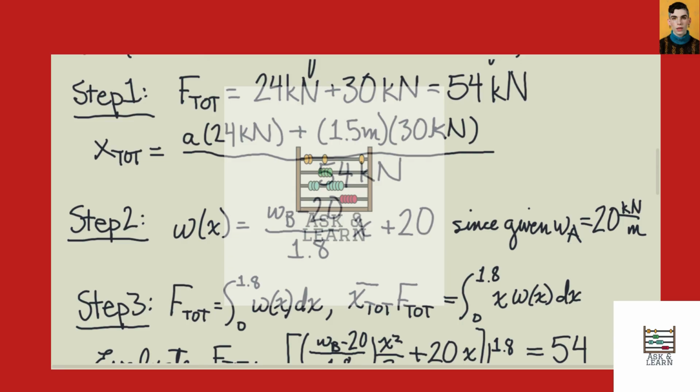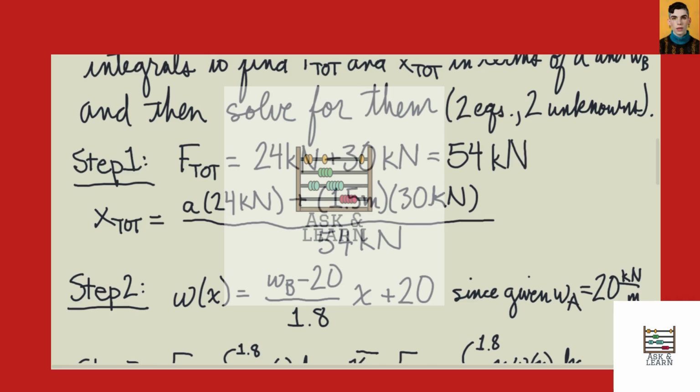Basically, that's the moment arm measuring from far left of the left force vector of 24 kilonewtons plus the moment arm from far left of the rightward force vector, which is 1.5 meters from far left. It has a magnitude of 30 kilonewtons, and we're going to divide that by the total load. Since we don't know what A is, that's something we'll have to solve for. We have to leave the equation in this form.